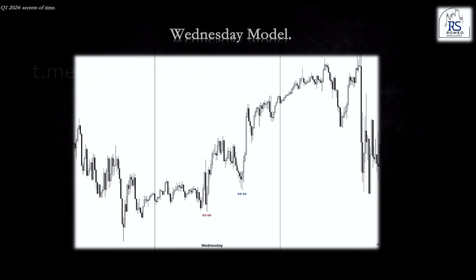And if 2 a.m. is a manipulation, then the manipulation is leading to a swing low at 3, right? 3 a.m. is an important time for turtle soup, which no one mentioned until I did, and then some people have recently started mentioning it, but nobody was aware of that time before I mentioned it. So it's good to finally see it going mainstream. 3 a.m. is an important time to look for turtle soup.